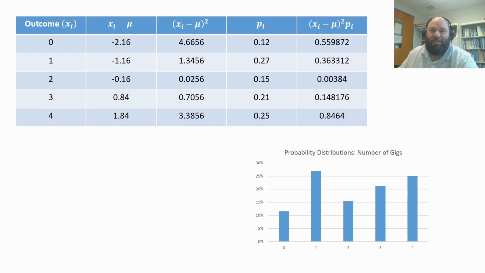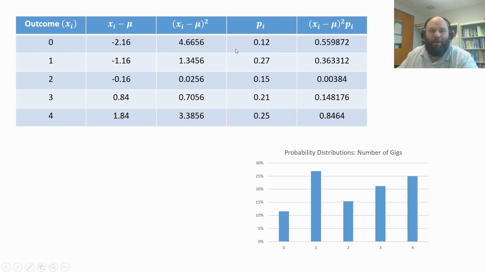Now the next column is simply the probability from our probability distribution copied over here. And in order to start calculating our standard deviation, we weigh each squared deviation by the probability via multiplication. So for example, for the outcome of 0, we take the squared deviation from the expected value, which is 4.6656 right here.